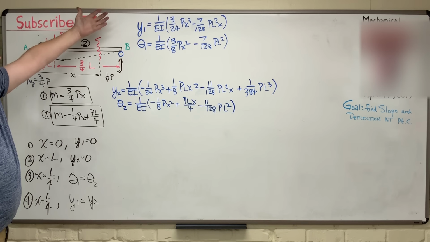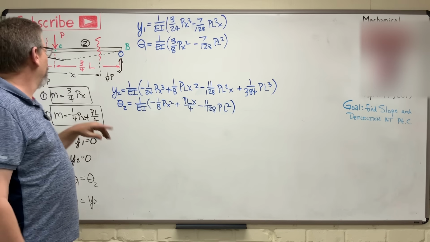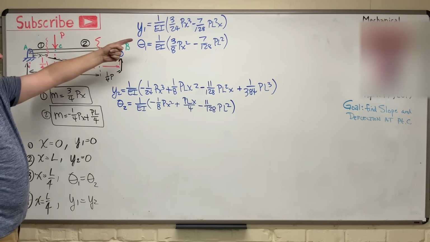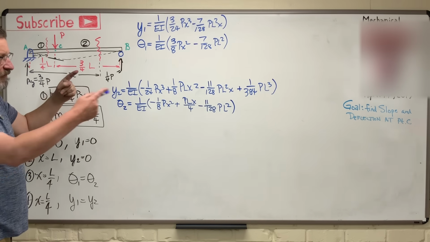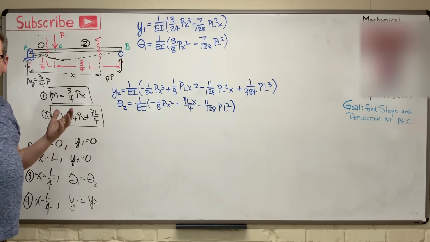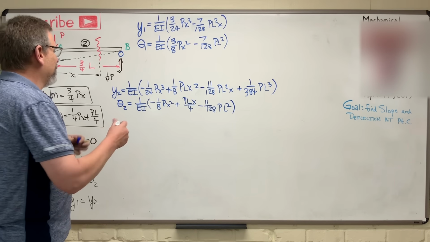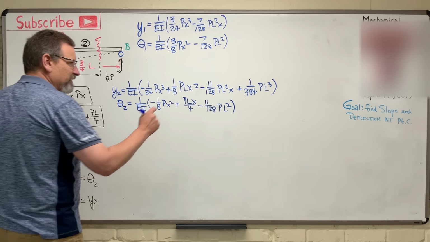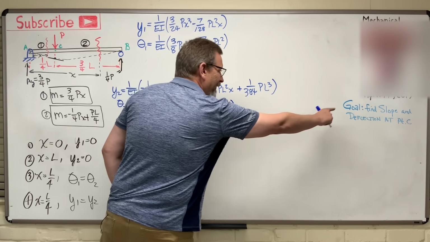And what are we going to do? Where we see an x, we wanted to find it at point C, so just plug in L over 4. That's all we got to do. Okay? So what is the deflection at point C?